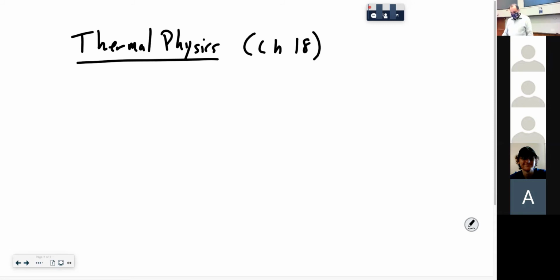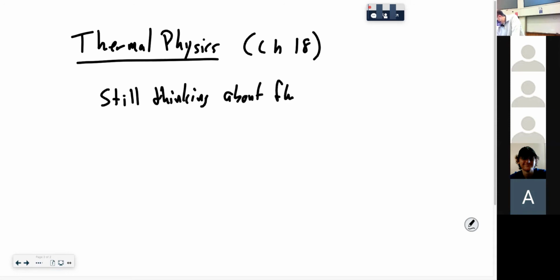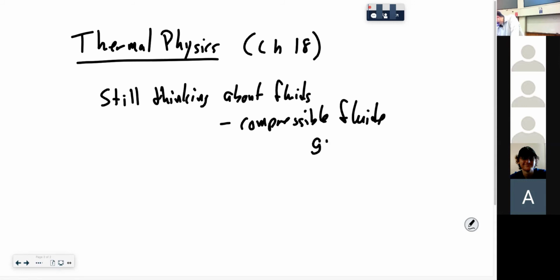So we're still thinking about fluids, but now we're thinking about compressible fluids, which are almost always gases. Okay.